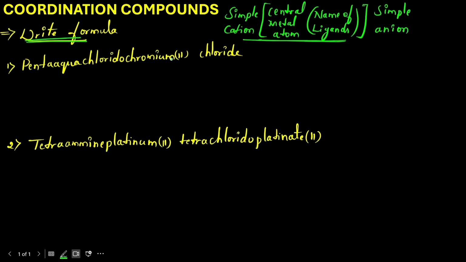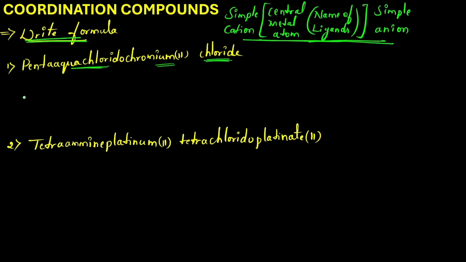Let us start with the examples that we have taken here. First, you have to write the simple cation. So in the first example, we have no simple cation, because this is the cationic complex, and here the counter ion has a negative charge. So what do we have to write next? Next, we have to write the central metal atom. So this is pentaaquachloridochromium(II).